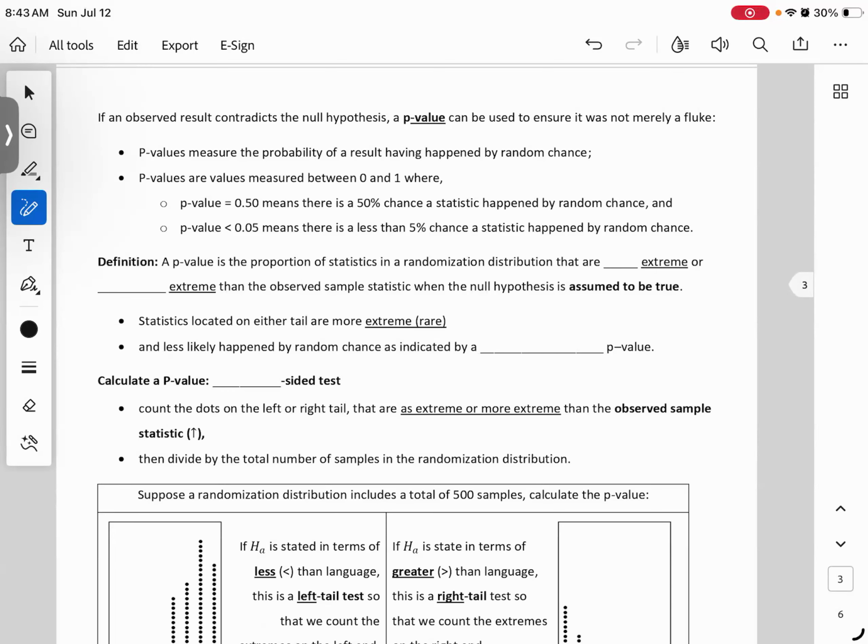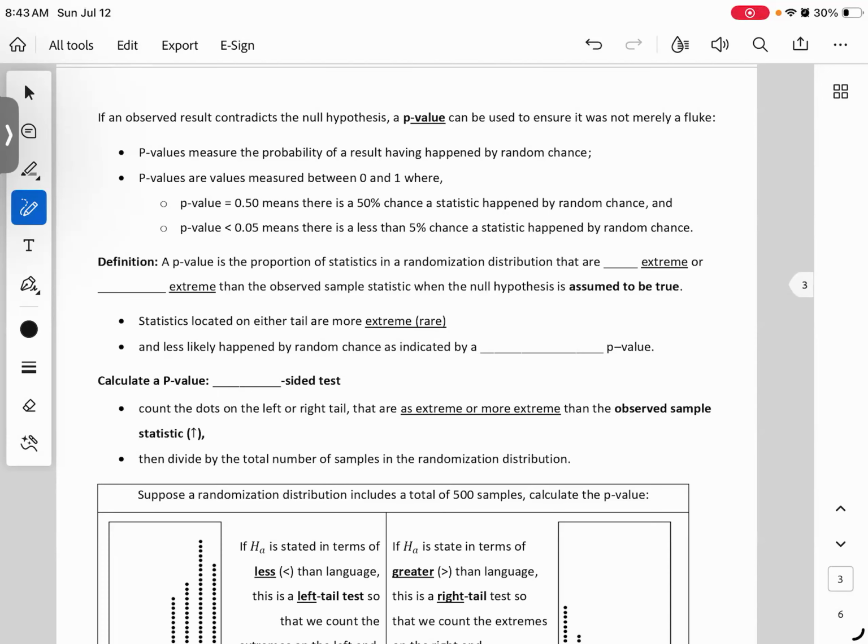All right, now the other big idea today is a p-value. We want the results of a study to not be flukes. We don't want someone to come and say, hey, you just did a study and got that result, but I don't buy it, I feel like that was probably just a fluke. Thankfully, p-values are a way to measure how likely something was to have been a fluke or not.